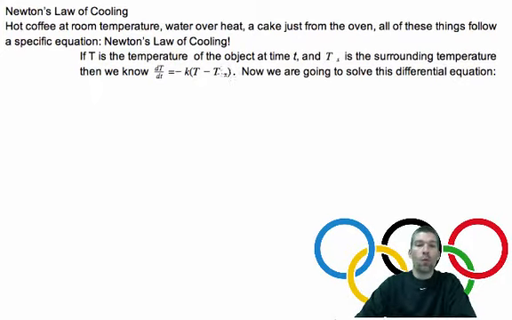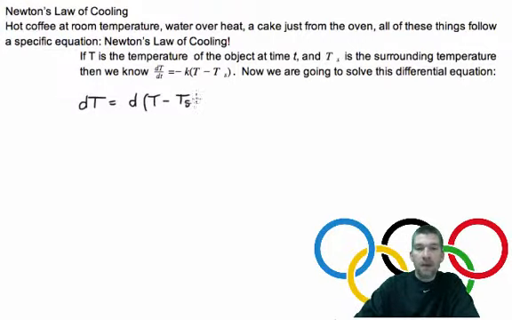So what we have is this differential equation, the change in temperature divided by the change in time. And remember, when you're talking about change in temperature, we could say this right here, that dT, that's the top of this fraction, is equal to the change in time, which is the temperature of your item minus the temperature of the surrounding area.